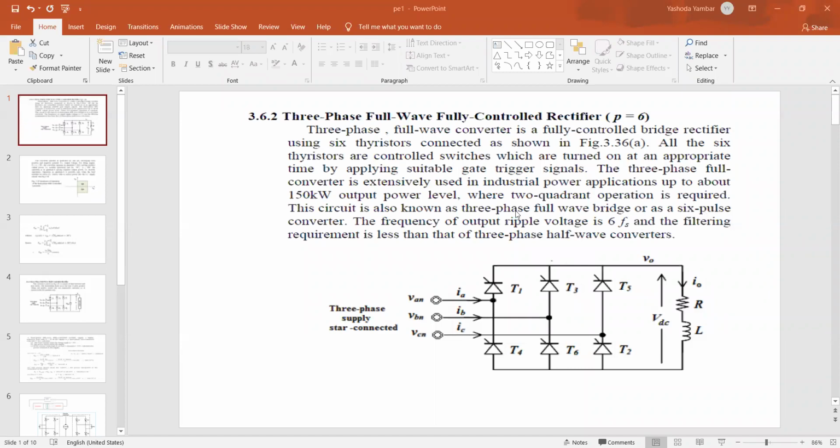We also have different names, like full wave bridge. Here you can see one more explanation, 2-quadrant operation. Full wave converter means 2-quadrant, or in both directions the motor can be controlled. The power transferred to the motor, voltage across the motor, and current flowing through the motor can be controlled in both the directions.